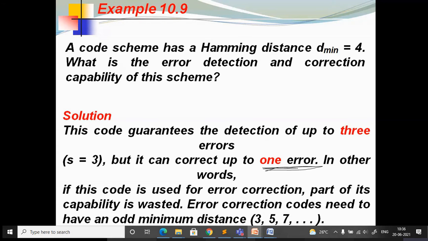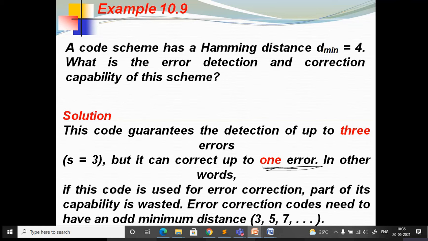According to this Hamming distance, it can correct only 1 error. If it is anything more than 1 error, it is not possible. If this code is used for error correction, part of its capabilities are wasted. Error correction codes need to have odd minimum distance. Even with this Hamming distance, it is not going to support correcting an even number of errors.